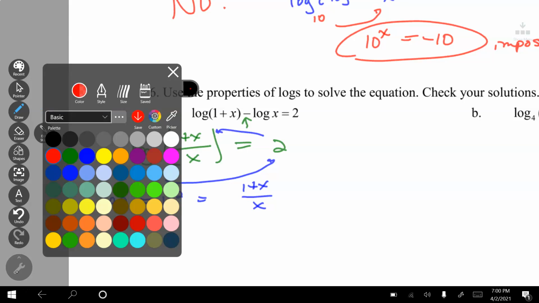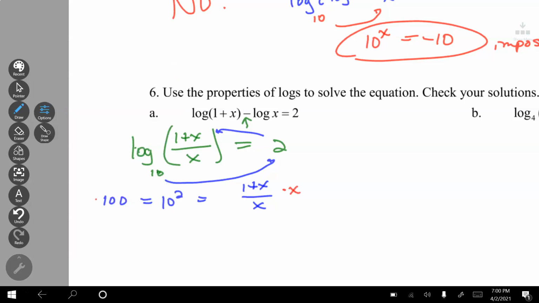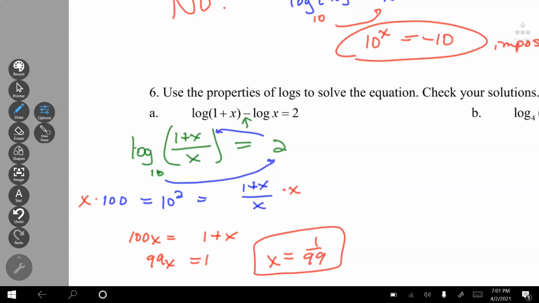I don't like having x on the bottom, so I'm going to multiply this side by x, that side by x. I get 100x is equal to 1 plus x. I subtract one of these x's, and I have 99x is equal to 1. I solve for x, and I get x equals 1 over 99. If I wanted to, I could plug the solution in for these x's, and I could show that you would get 2 as a solution. And 1 over 99 is fine, as long as it's positive.